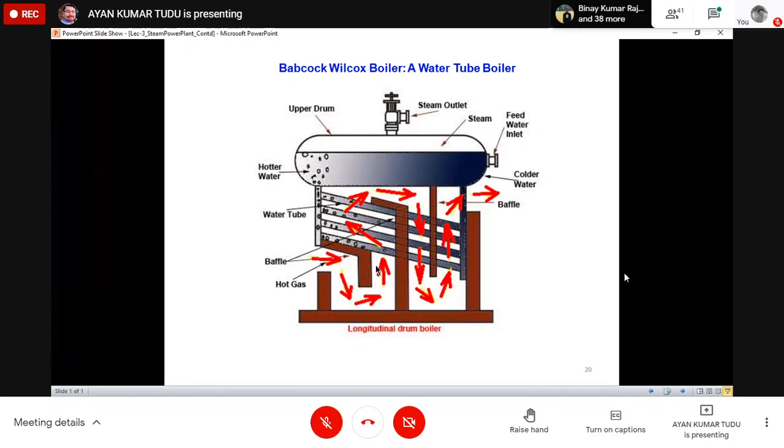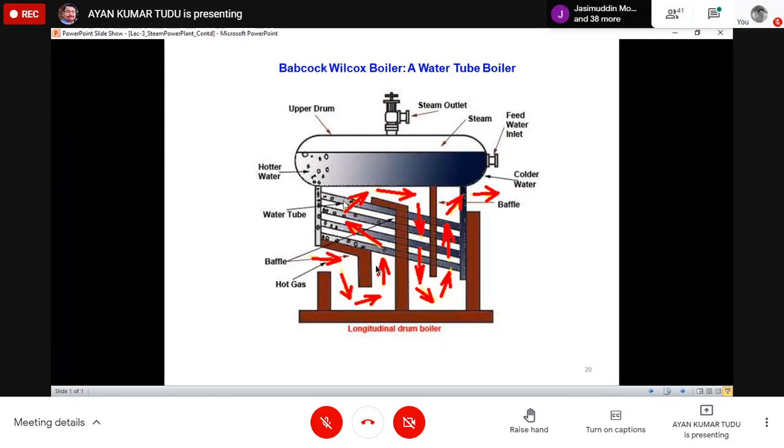Number two, the water is actually circulating. Because of the quick circulation of water, no thermal stresses occur in the boiler parts. Now, if the water contains any impurity or sediment, then scales may be formed inside those water tubes.